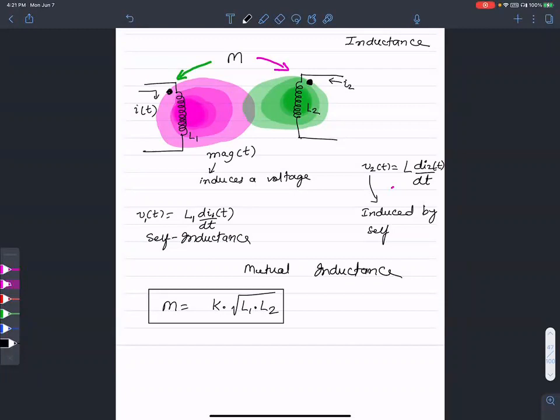But that's the idea. I wanted to give you the intuitive understanding: when two inductors have their own magnetic fields affecting each other rather than themselves, that's mutual inductance.